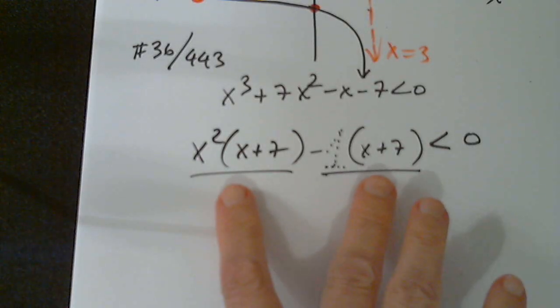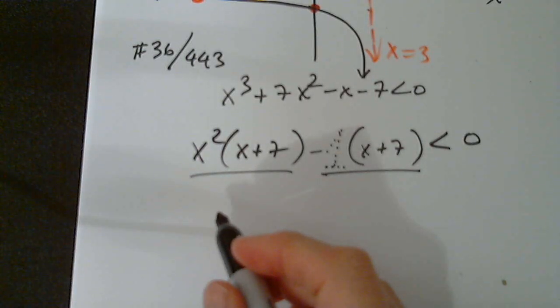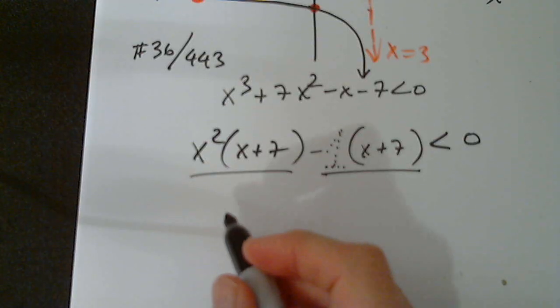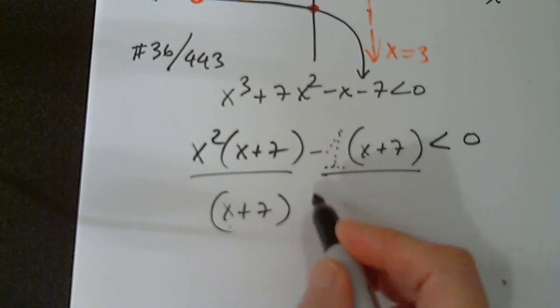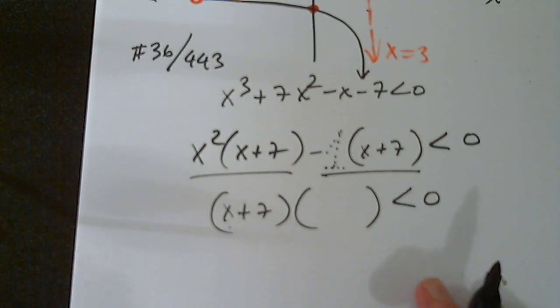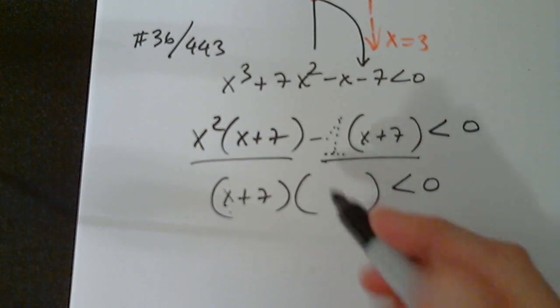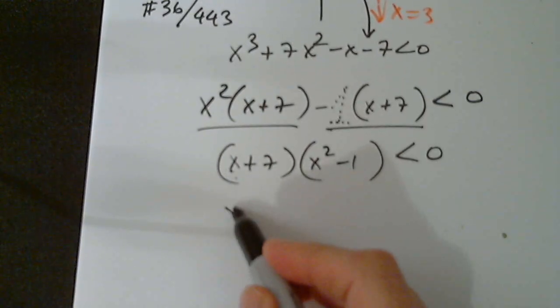What comes out now from these 2 terms? What is common to these 2 terms? x plus 7. Very good. What is left? x squared minus 1. Good. How do I factor x squared minus 1?